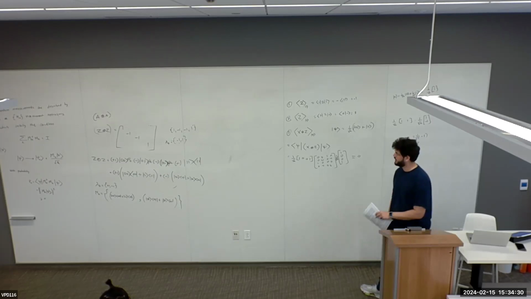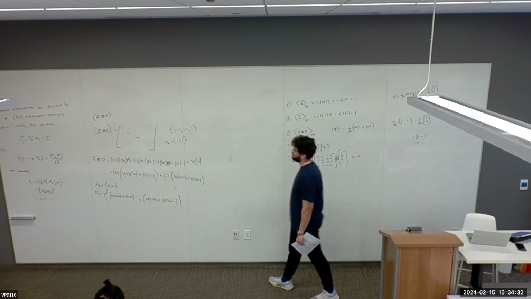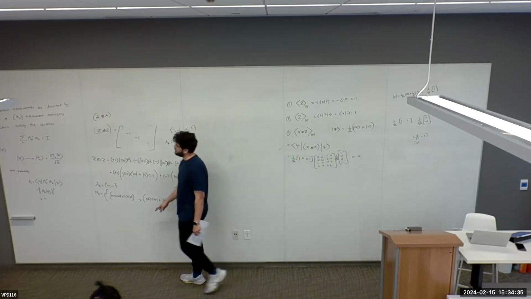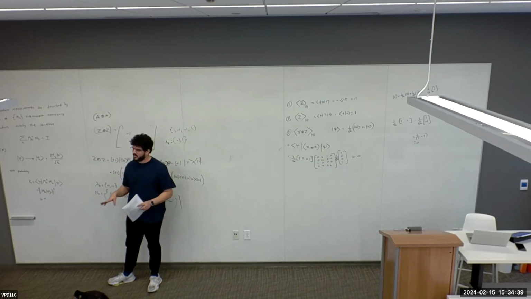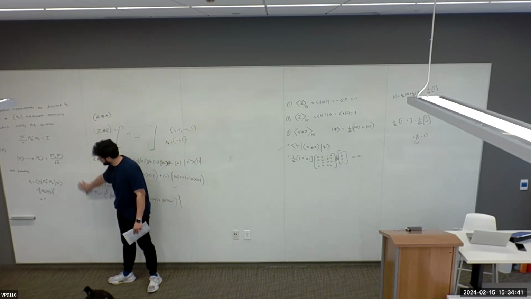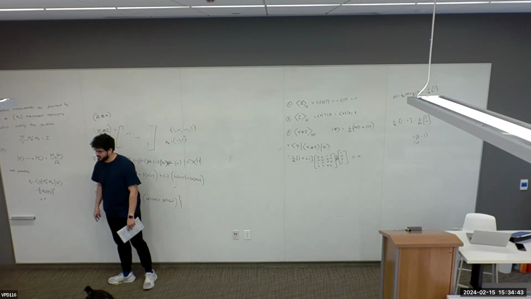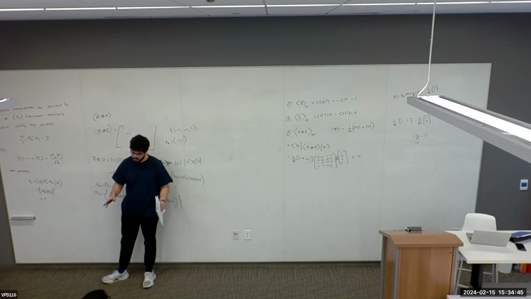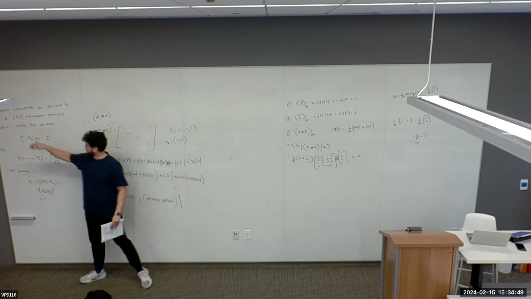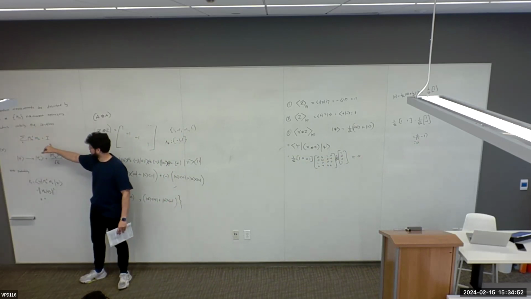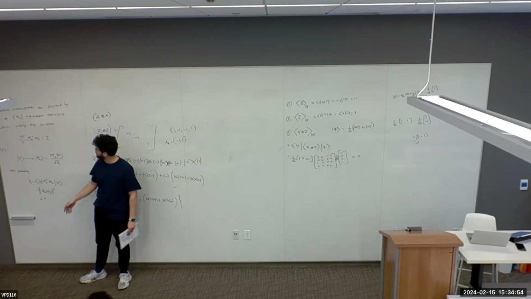Okay, so just to recap before we leave, what did we do today? All of the measurements are described by this mathematical framework, which we call generalized measurement. Every measurement corresponds to a set of measurement operators Mk, and they have to satisfy this condition to be a valid measurement.